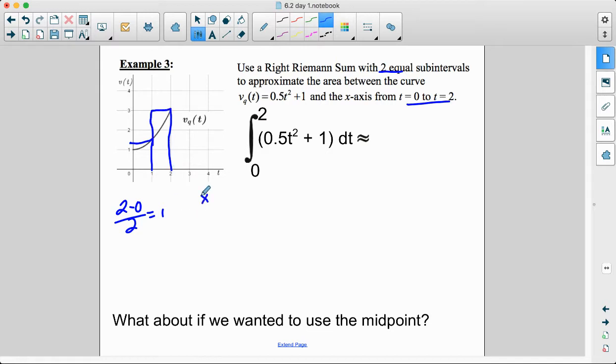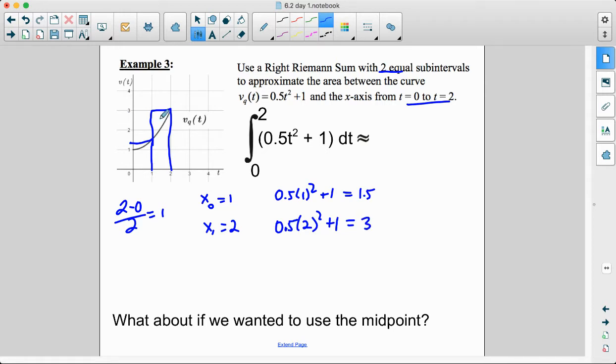So our first value is 1 and our second is 2. The height is 0.5 times 1 squared plus 1 and 0.5 times 2 squared plus 1. So the height of this would be 1.5, and the height of this, 4 times 0.5 is 2, so 3.